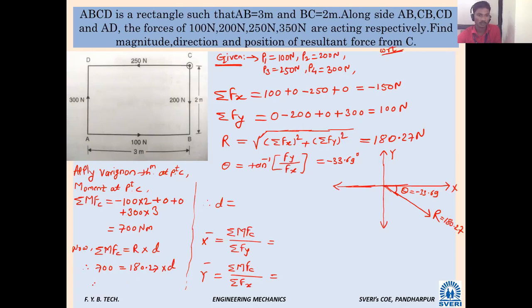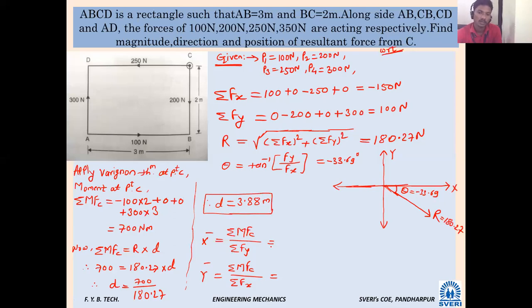So therefore D is equal to 700 divided by 180.27. Calculate. D is equal to 3.88.